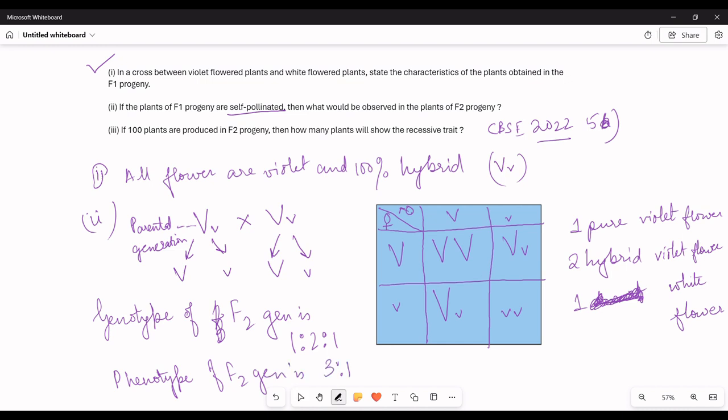But remember students, it is written over here what would be observed. So we will write observation will be 3 violet and 1 white flower.